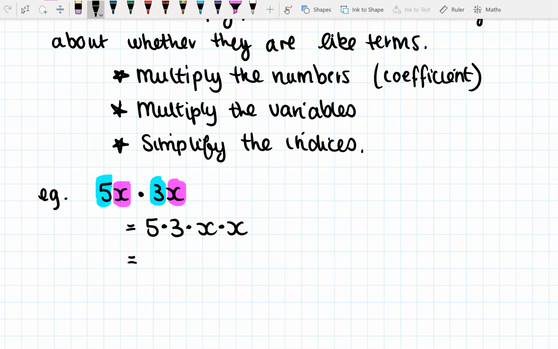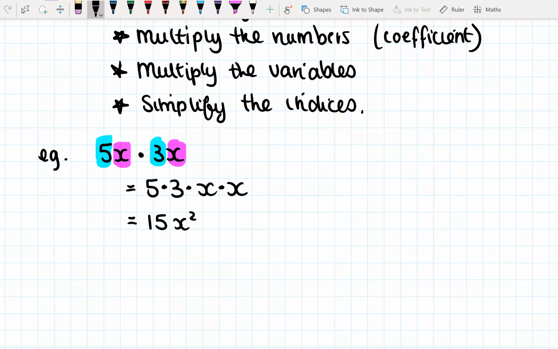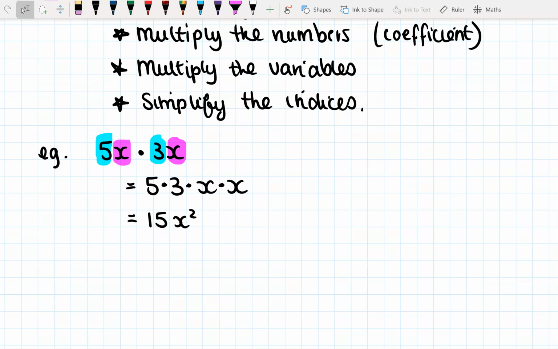Now we can just simplify this, so simplify the indices and also obviously the numbers. 5 times 3 is 15, and x times x, thinking about our lesson last week about squaring and cubing, x times x is x squared. So that's the first example, fairly straightforward.